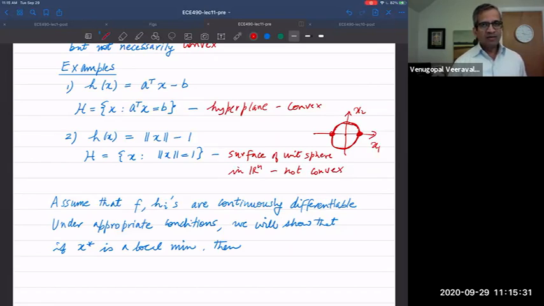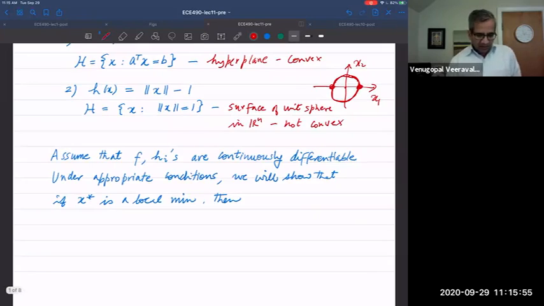Okay, and you can do this in any number of dimensions. Take the first coordinate and make it +1 and -1 as the 2 options for the first coordinate, and the linear combination of that with half will take you to the origin, and that's not on the surface of the unit sphere. So this is not a convex set. Okay, but it's closed. Right?